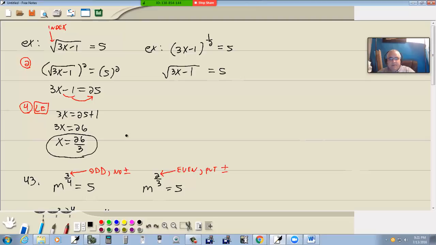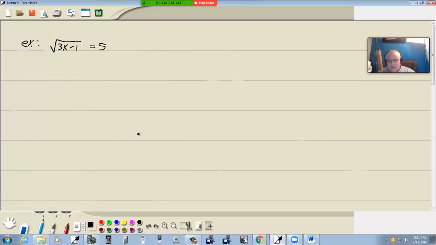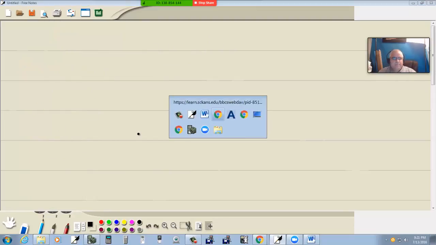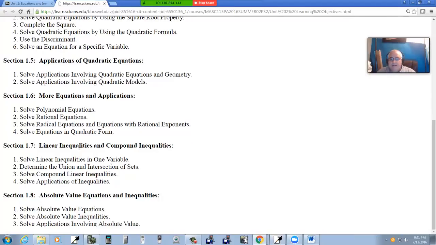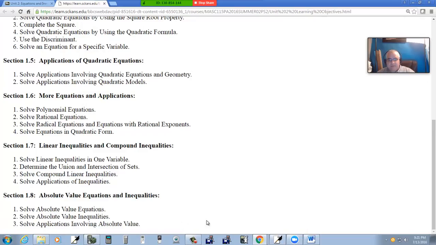Now, let me clear off my tablet here. Linear inequalities and compound inequalities. And then we got our absolute value, so let me write the steps down for linear inequalities and compound inequalities.